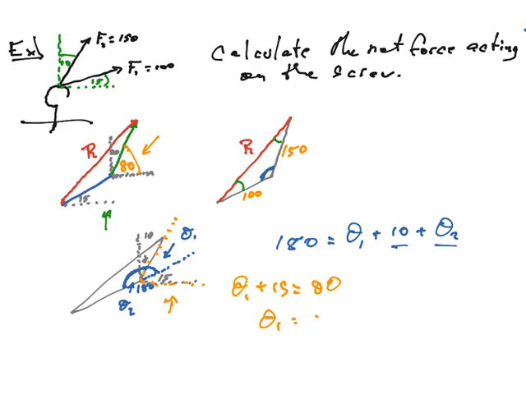So theta 1 must be 80 minus 15, which is 65 degrees. So now I know this theta 1 sitting here is 65. So this now can give me theta 2. Theta 2 must be 180 minus 65 minus 10. So 180 minus 75, that must be 105 degrees.